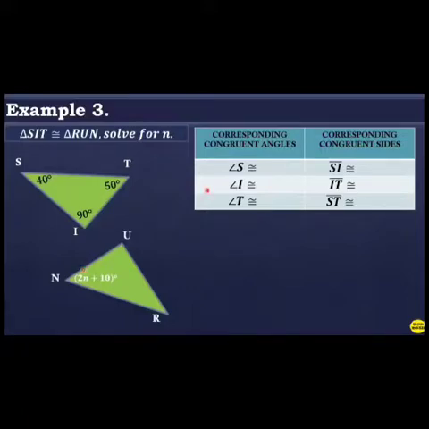Angle S is congruent to angle R. If you are confused, you can look at the congruence statement. Angle S is congruent to angle R. Angle I is congruent to angle U. And angle T is congruent to angle N. So we now have the corresponding congruent angles.